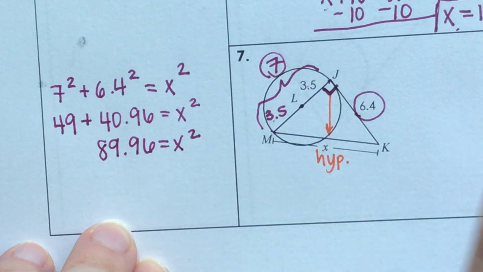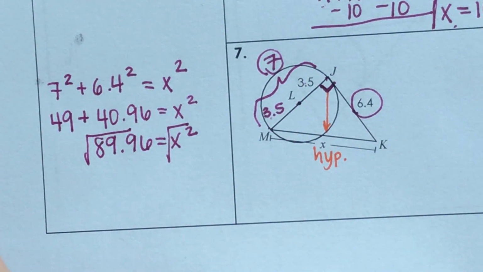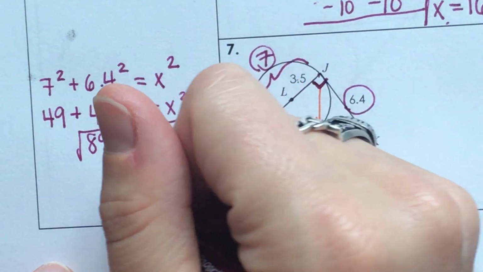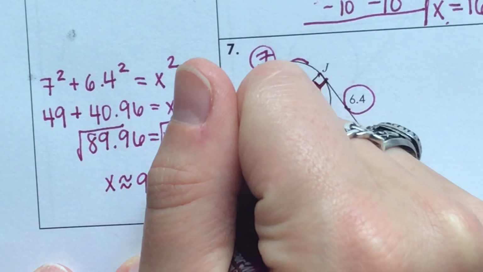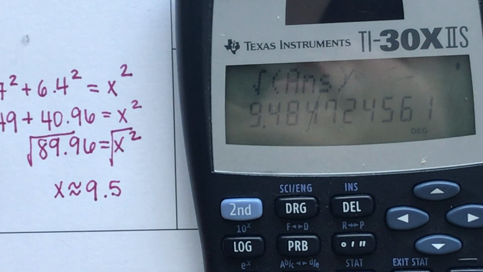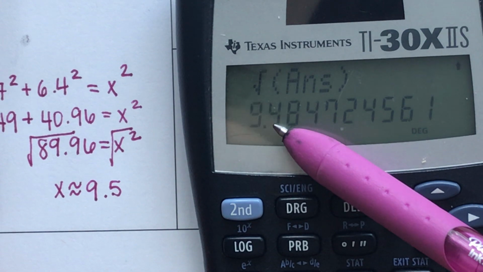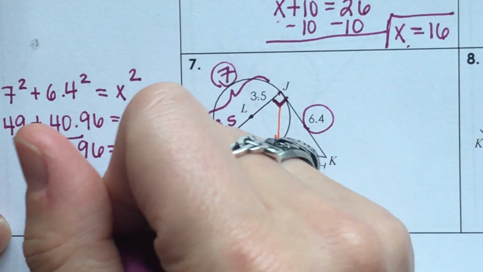And then to get the x by itself, I'm going to square root both sides. And if I square root, I get approximately 9.5. So when I put it in my calculator, I really get 9.48. But again, if I round to the nearest tenth, the number afterwards is bigger than a 5, so I round the 9.4 up to a 9.5.